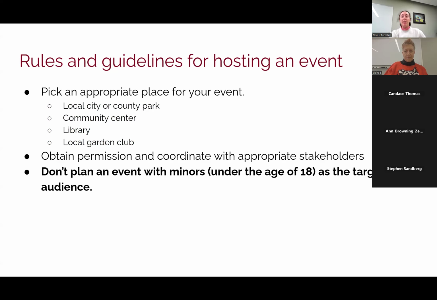So if this is an event where families are showing up, so parents are coming and their kids just happen to be with them, or you're tabling to the general public and anybody can show up, that's totally appropriate. But we ask that you don't host an event that is specifically advertised to children.